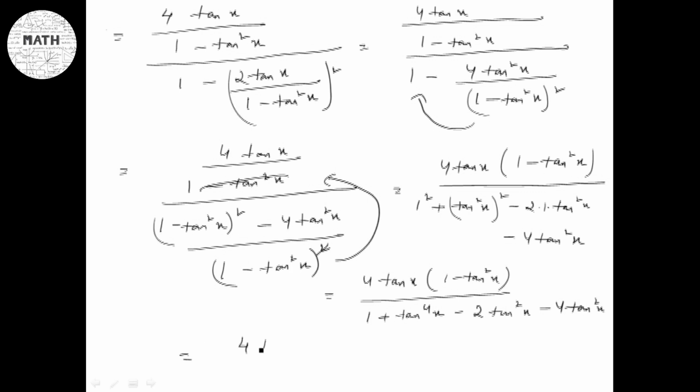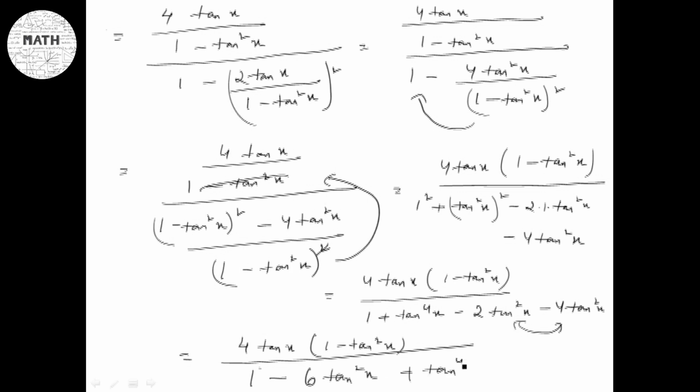That is 4 tan x (1 − tan²x) divided by 1 minus 2 tan²x minus 4 tan²x. If I add these two up, I'll get the answer to be 6 tan²x and then plus tan⁴x, which happens to be your right hand side. If you know the formula, you can do it very easily. If you don't know, you can't do it. Okay, remember that. That's all about your question number 23.